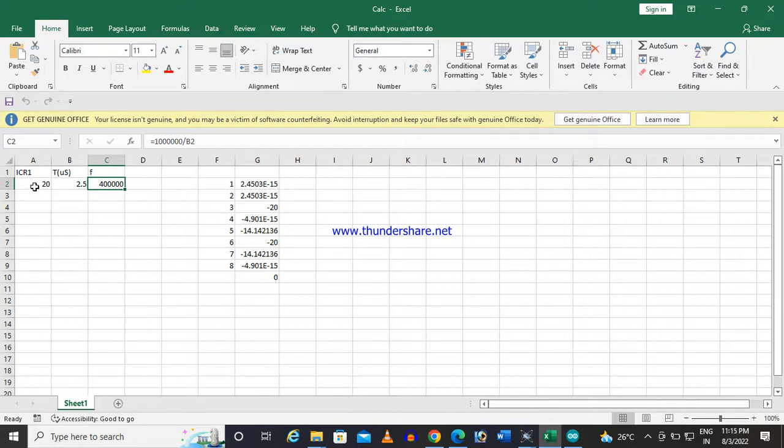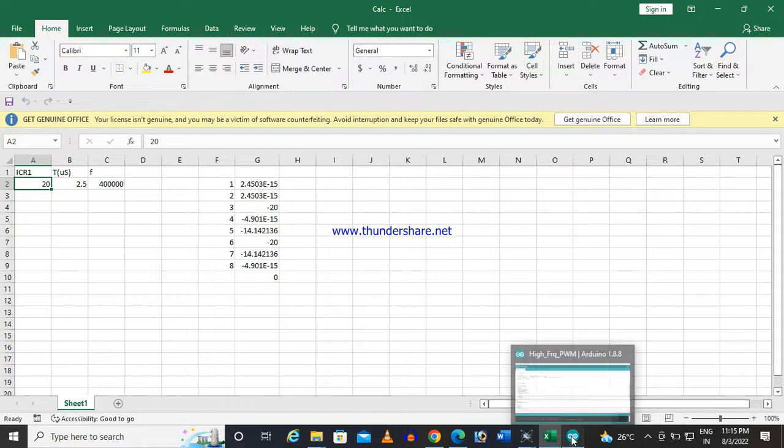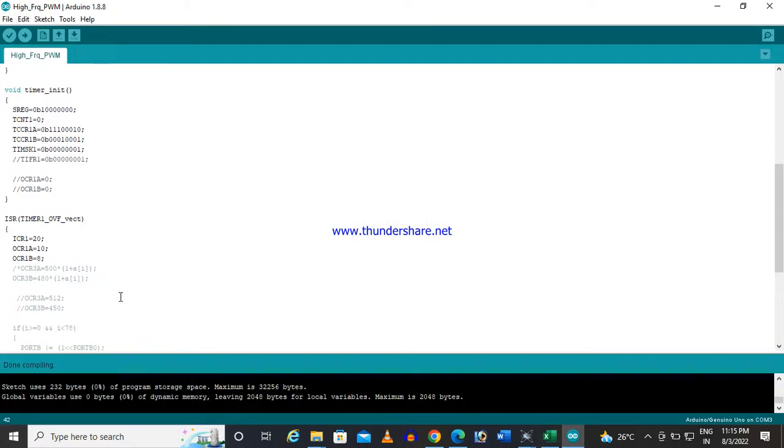So with ICR value 20, it should give a PWM frequency of 400 kilohertz, which is a time period of 2.5 microseconds.